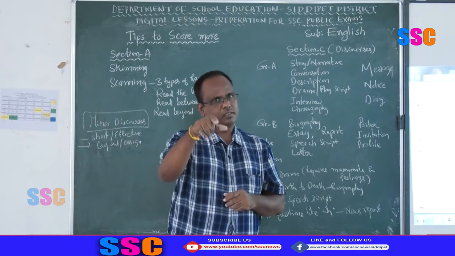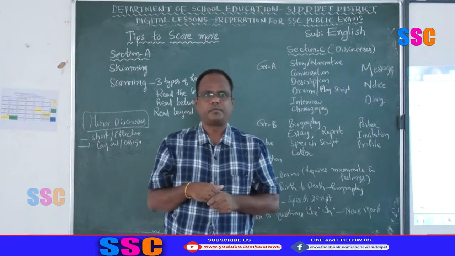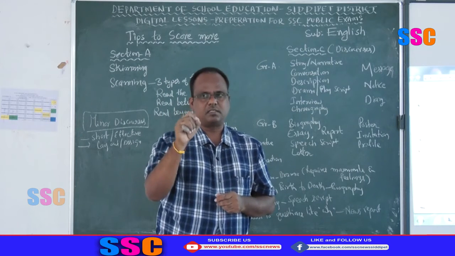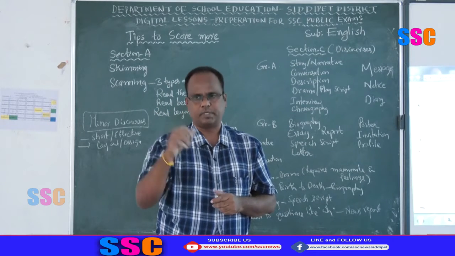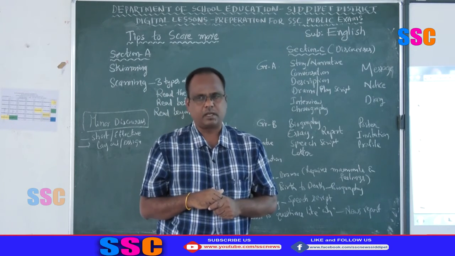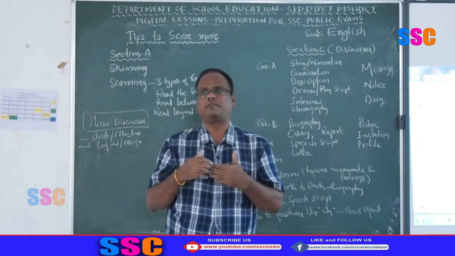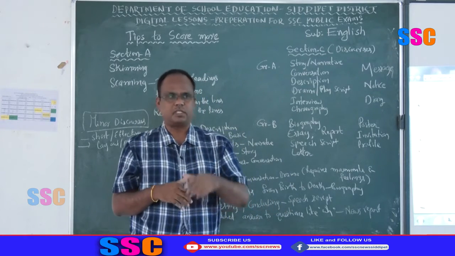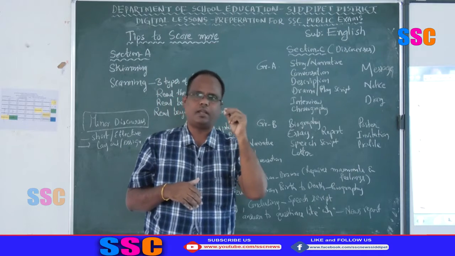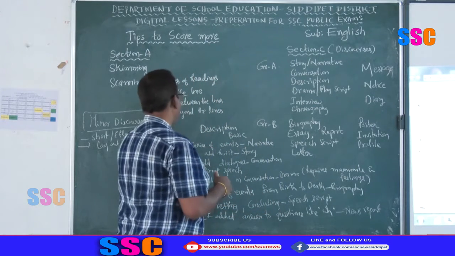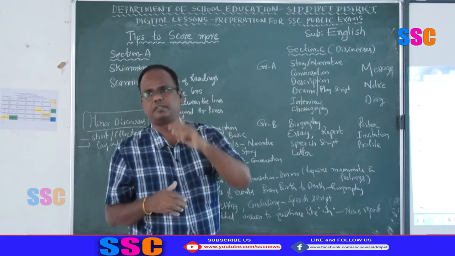It is not mentioned directly, but the second sentence says he is working for a private hospital. It means that if we understand deeply, he is definitely not working for any government hospital, and we can get the idea by reading these two lines. This is what I mean by reading beyond the lines.